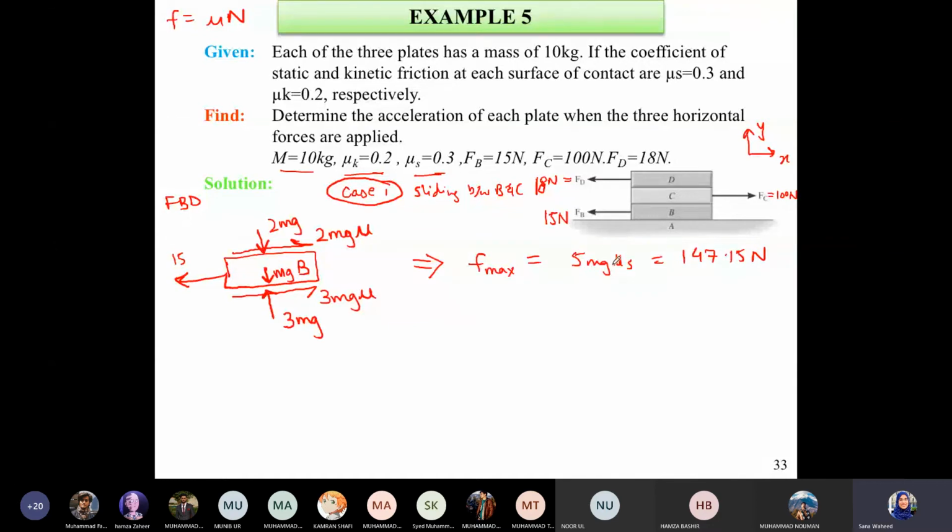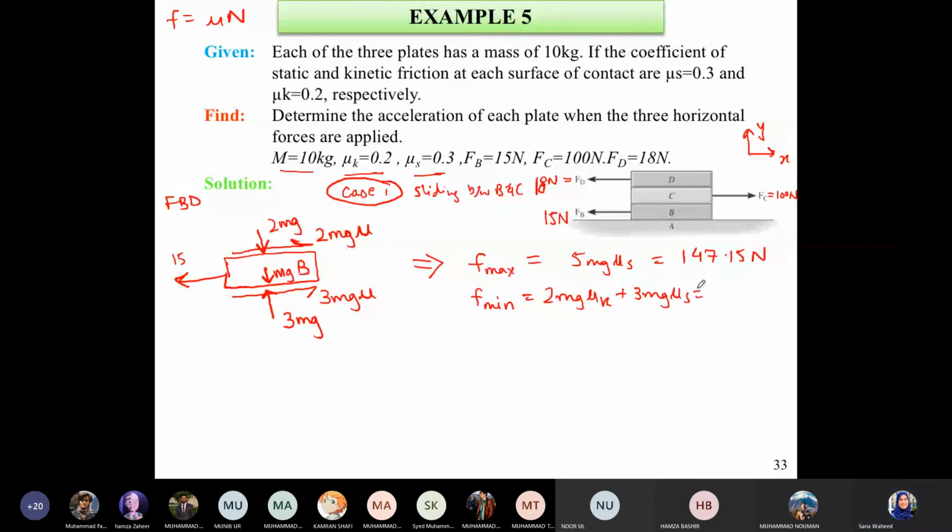So this is the case when I'm assuming that both the upper and bottom surfaces have mu s. But again, what if, even if I consider F min, that is, I'm already saying that sliding is happening on C and maybe it's not happening on B and A. So let me take F min as a slightly different version, which is to assume that 2 mg has mu k, mu k because it's sliding, plus 3 mg mu s.